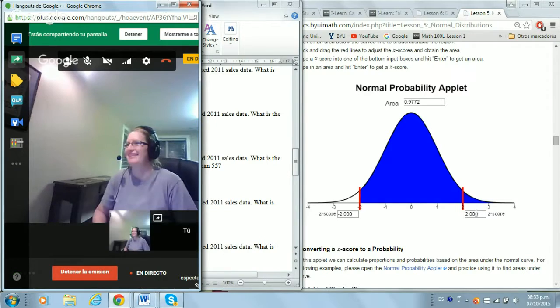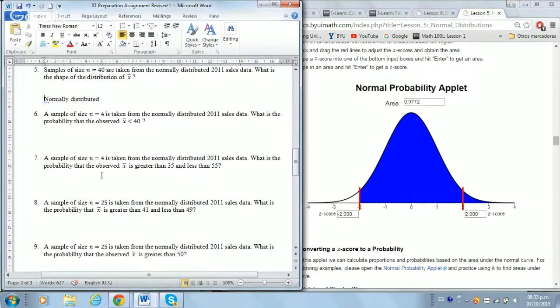Just kidding. Okay. So the question for the problem is, they say the probability that the observed X is greater than 35 and less than 55, right? Right. But for that reason, you find the Z-score for 35 and the Z-score for 55, right? Right. Okay.